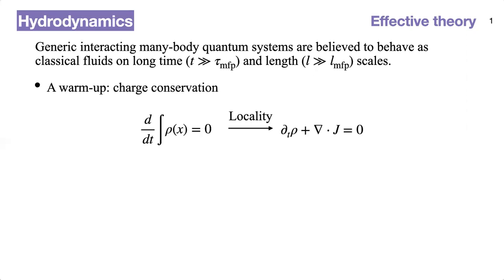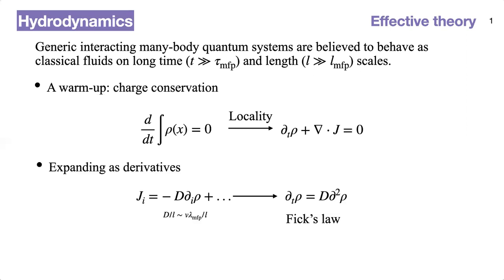As a warm-up, I would like to introduce charge conservation as an example. The charge conservation locally can be written as the continuity equation for the charge density. And people do the derivative expansion of the current operator in that continuity equation in terms of the charge density. Since the derivative is of order 1 over L or 1 over T, it's a good small parameter in this expansion.